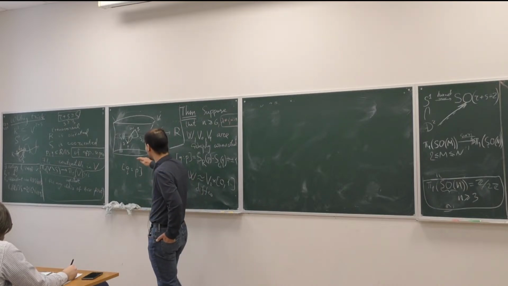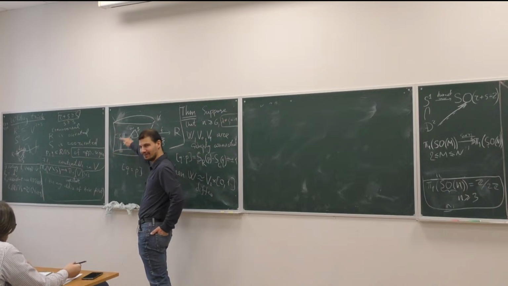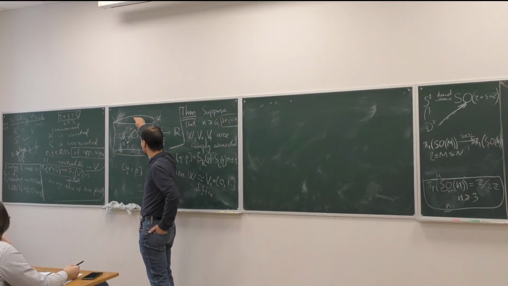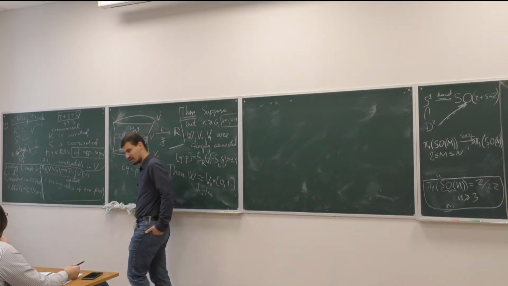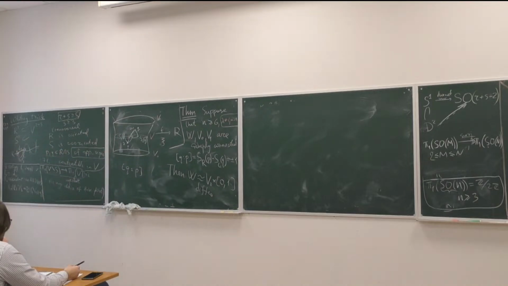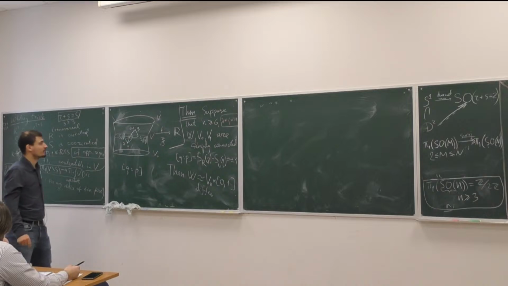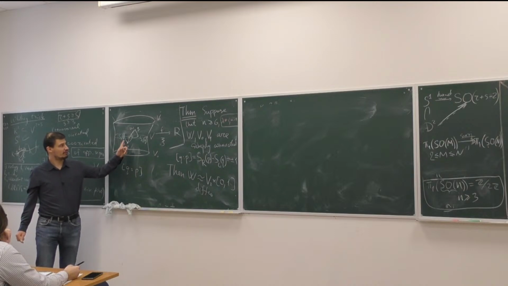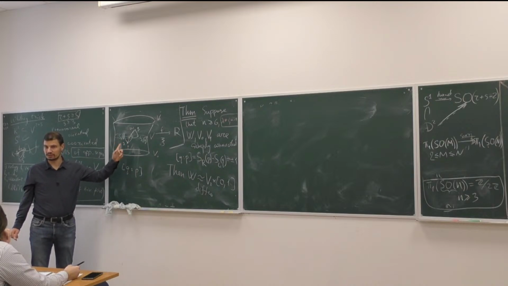A priori, we know that only these base levels and the whole topology is connected. Why does it follow that V is connected? Look, let us consider the figure which is drawn here.